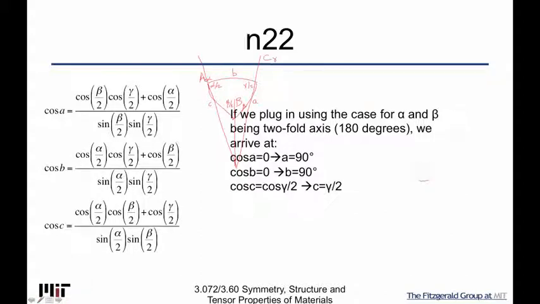Whatever C is, let's imagine it right here going straight up. It says that A, if we call this axis A, is always 90 degrees, as long as this is a twofold axis.